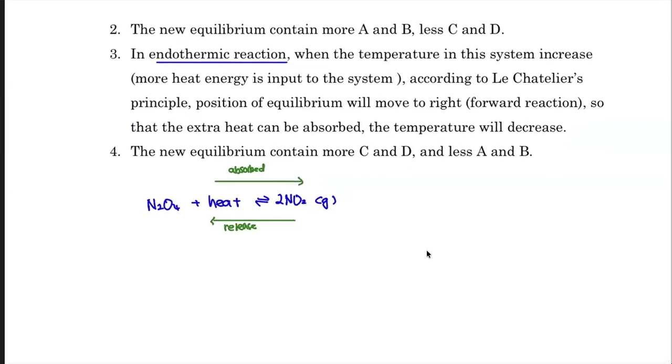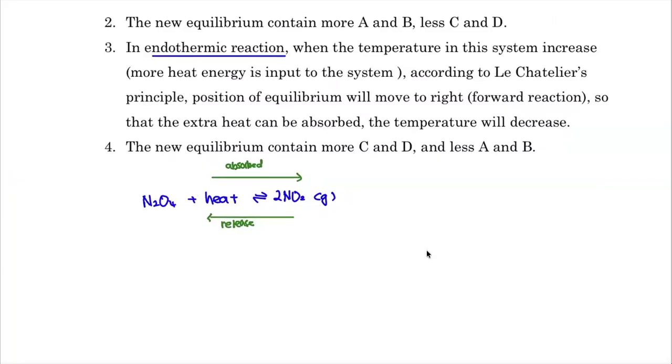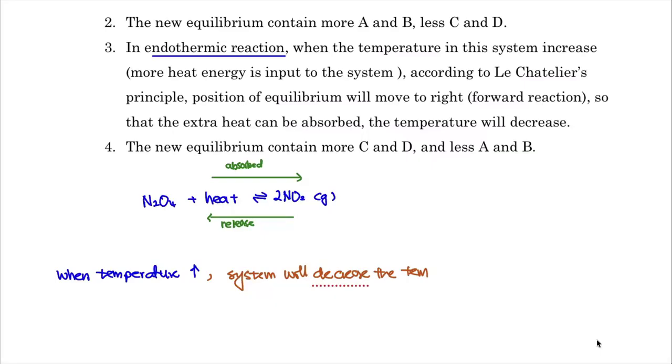Now, there comes a scenario. When the temperature increases, what happens to my equilibrium? My equilibrium will decrease the temperature. The system will try to lower the temperature.